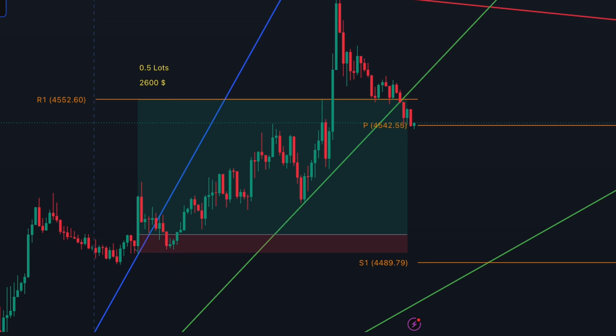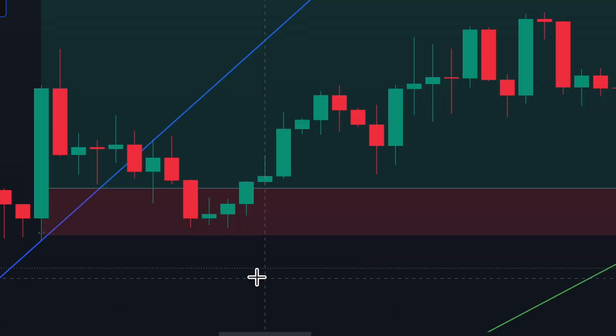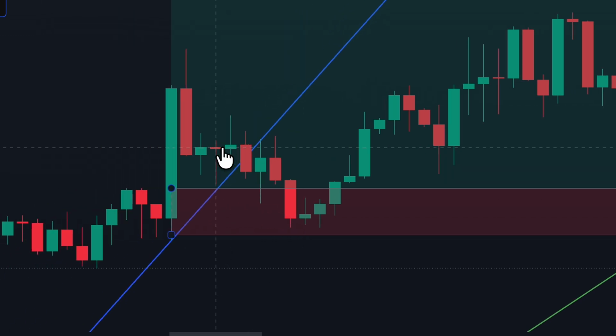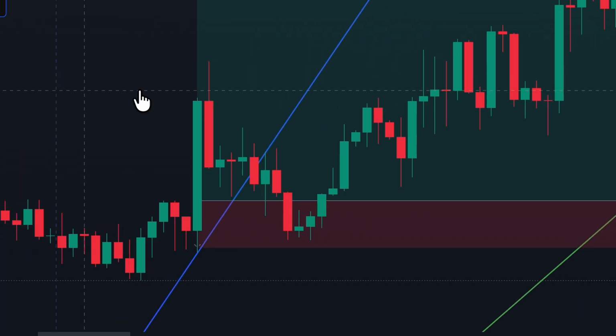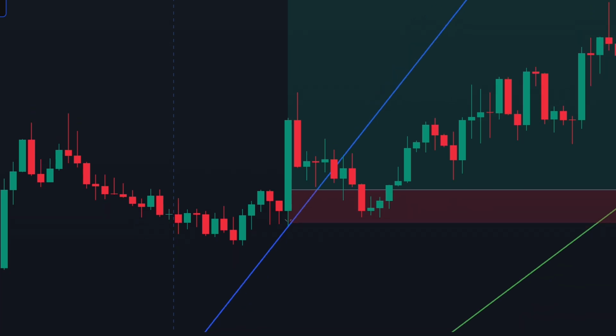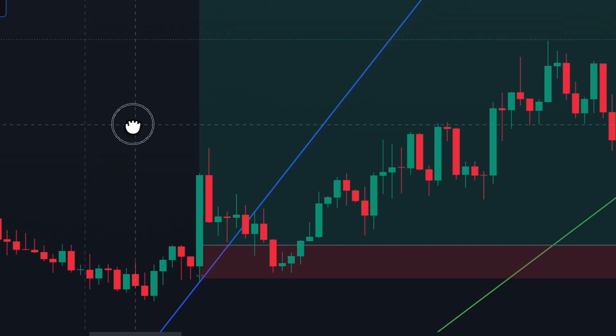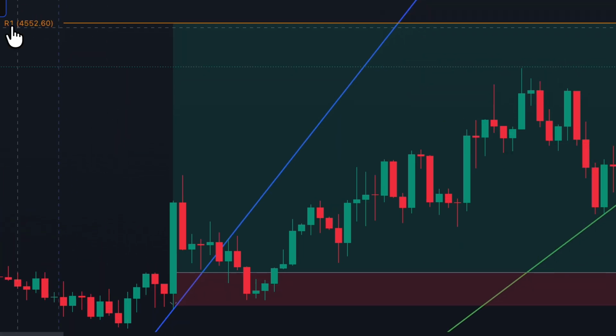As you can see here, let me zoom in. Okay, it never reached my actual stop loss, not even once. Then the market reversed and eventually moved all the way toward my target area, which was resistance 1.